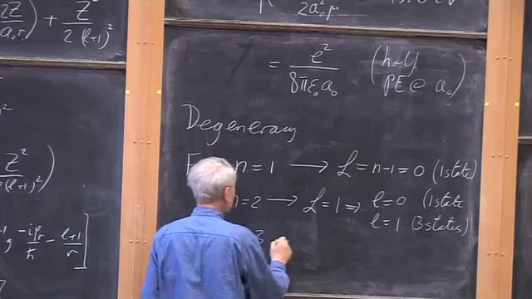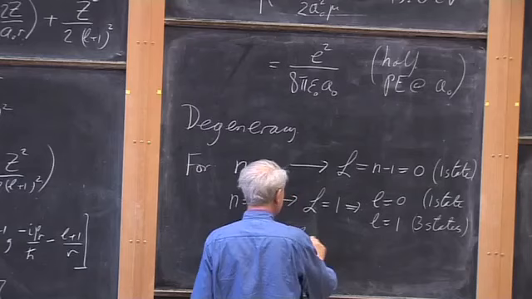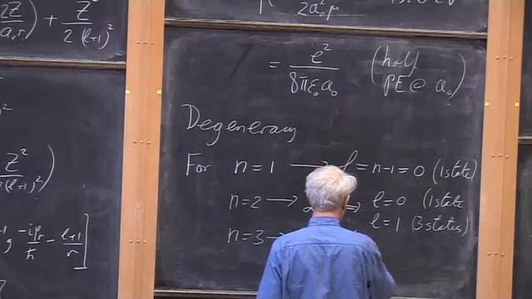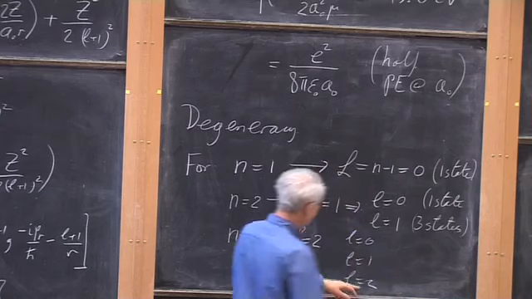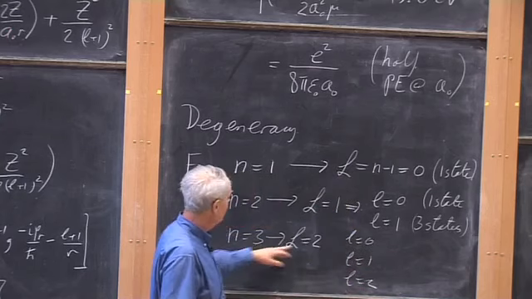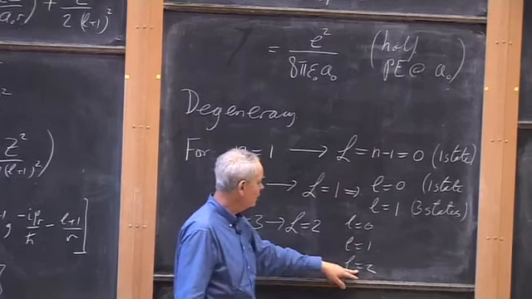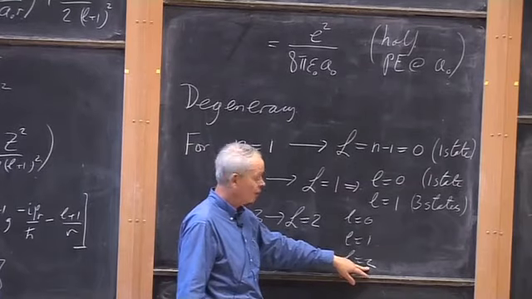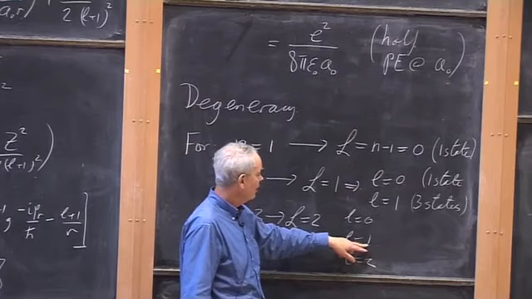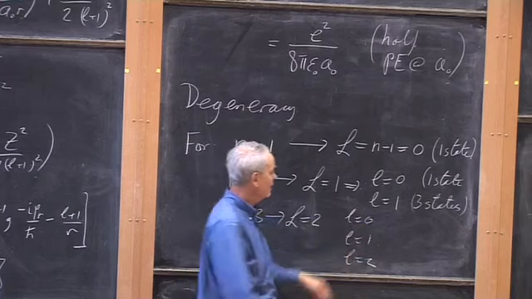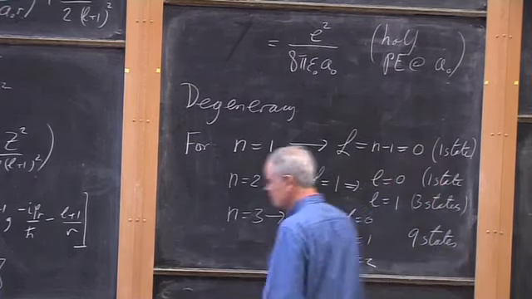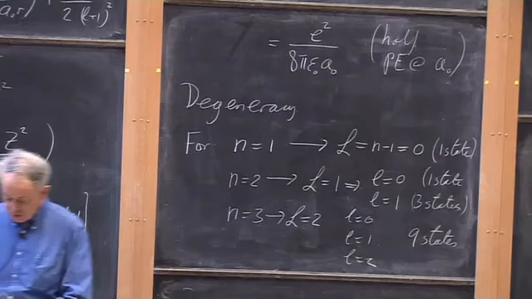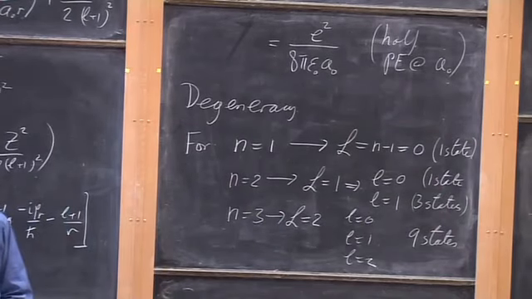The number of states is increasing rapidly, because there'll be 5 states for n equals 3. The maximum angular momentum will be 2. For 2 units of angular momentum, you've got 5 possible orientations, and then you've still got 3 of these and 1 of those, so that's 9 states, etc. So the structure we've derived is extremely degenerate.